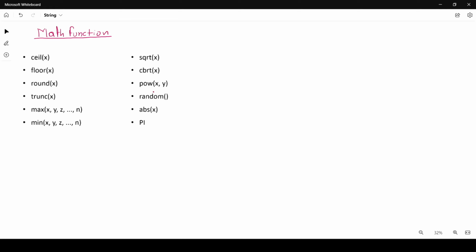Okay. Now first of all, let's see what ceil is. We have to follow with Math dot, and here we provide ceil. After that, if we provide any number like 3.1, it will round it up into 4. Any value in the decimal point, it will give you the maximum possible value.